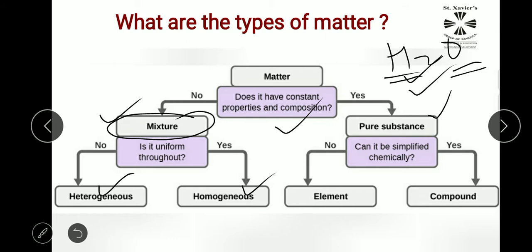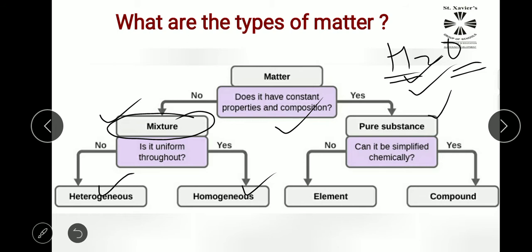You will find that the oil floats on the surface of the water. If the glass is transparent, you will be able to see the water layer and the oil layer separate, and this is a heterogeneous mixture, because the mixture is not the same everywhere.